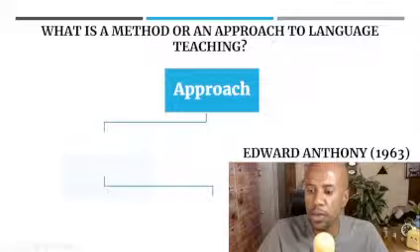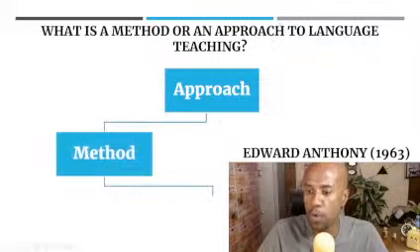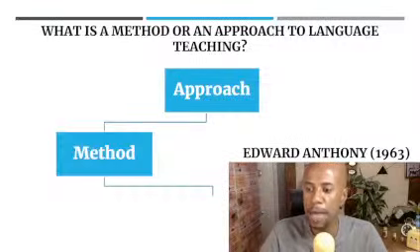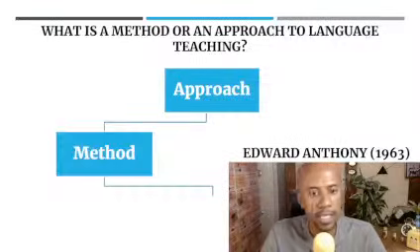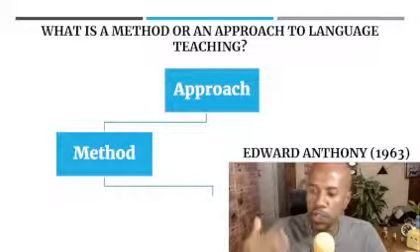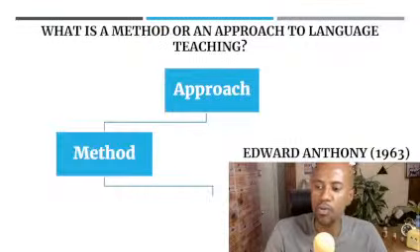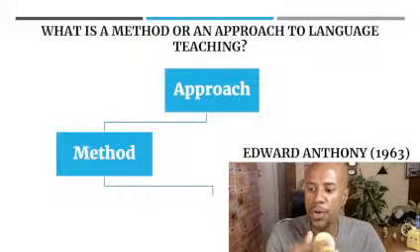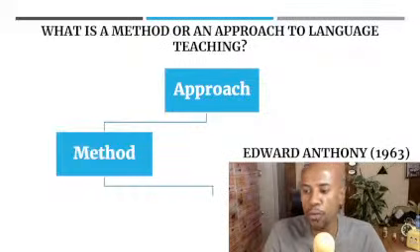Now, under an approach comes a method. A method, on the other hand, is a set of procedures. It spells out rather precisely, in a step-by-step manner, how to teach a second or foreign language.